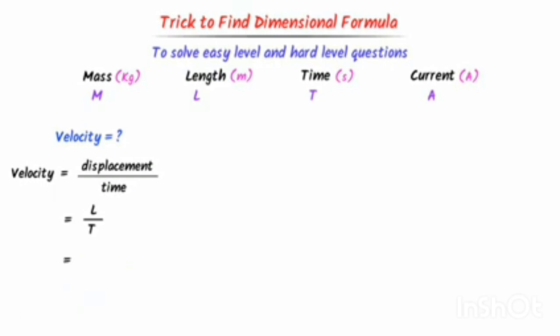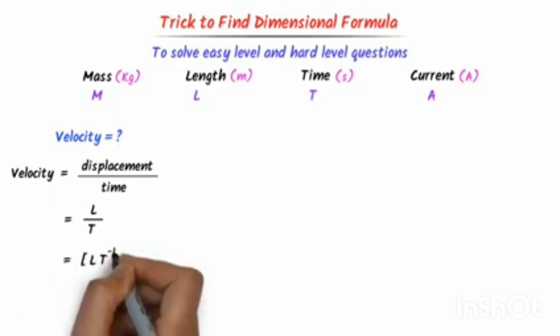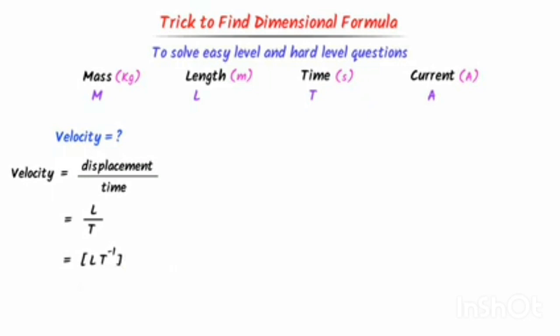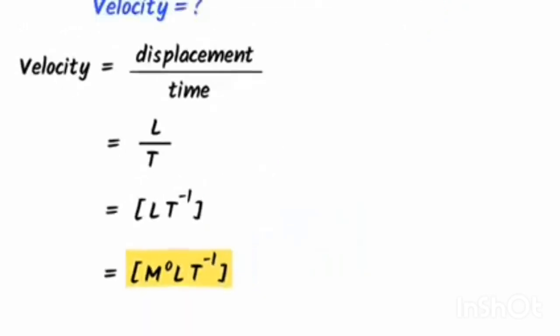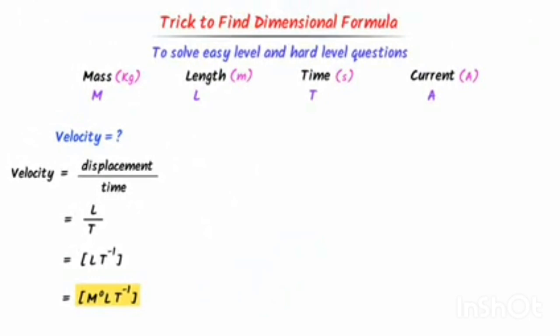I get [LT^-1], or I write [M^0 LT^-1]. Remember that this M^0 means that mass is not present in velocity. Hence the dimensional formula of velocity is M^0 LT^-1.